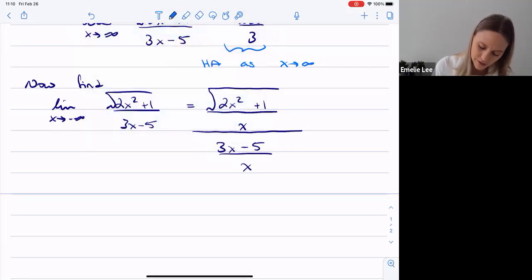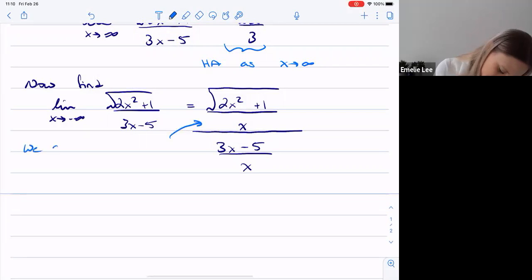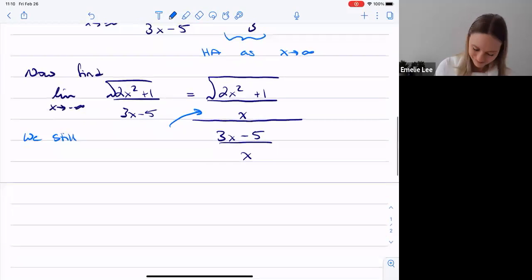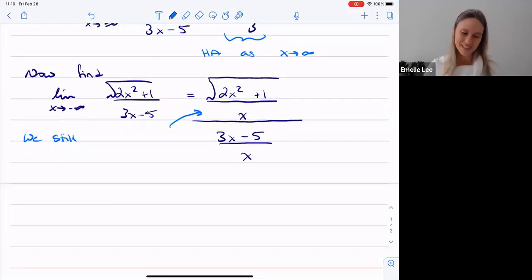And then I'll write a little note here. We still divide by the highest power of x from the denominator. Okay, oh well, it's Friday, right?